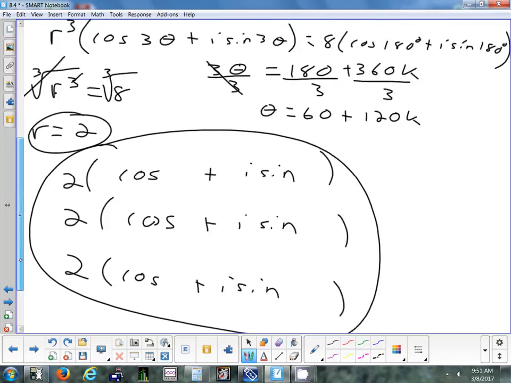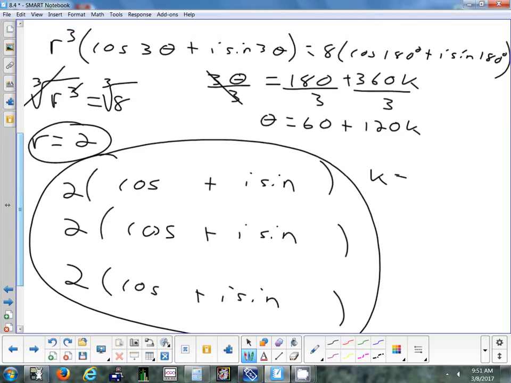Now, what 3 values are you going to let k equal to get your 3 answers? 0, 1, and 2. Okay, let's start with 0. 120 times 0 plus 60? 60. Second answer, let k equal 1.